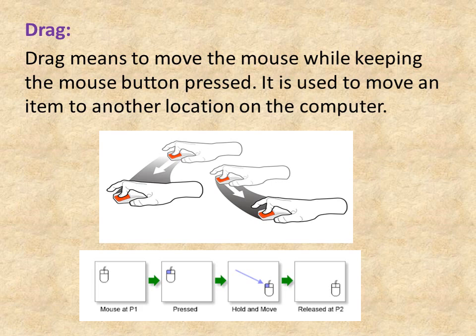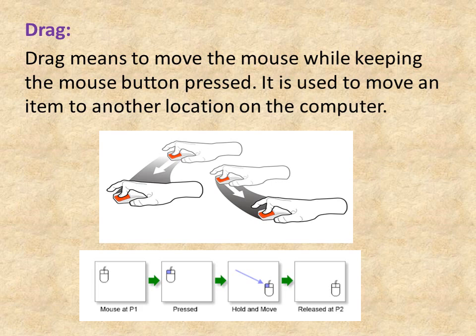Now let us learn how to drag with the help of mouse. Drag means to move the mouse while keeping the mouse button pressed. It is used to move an item to another location on the computer.